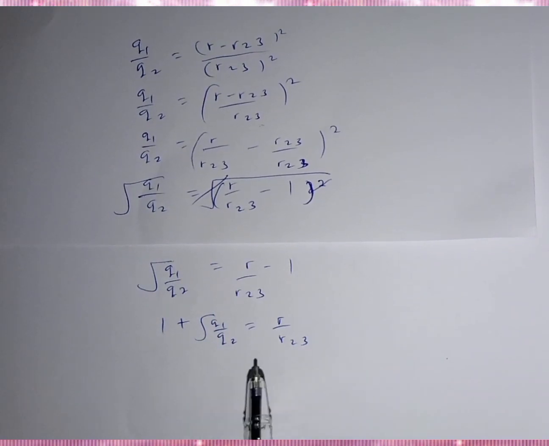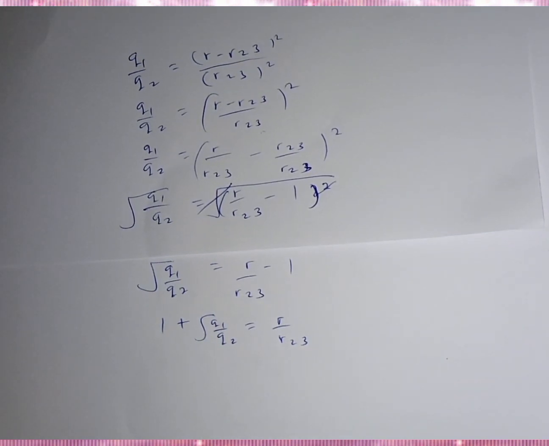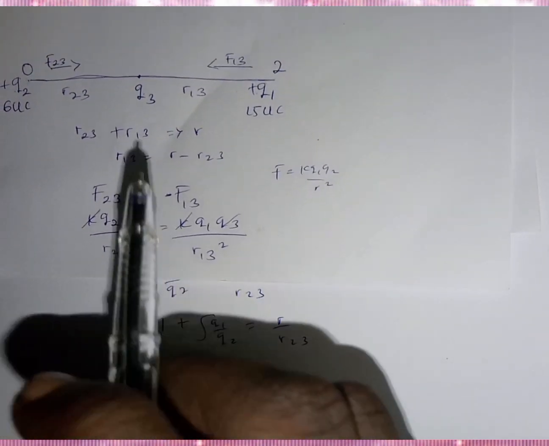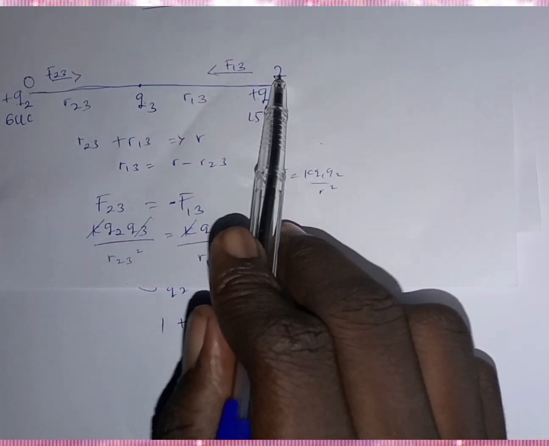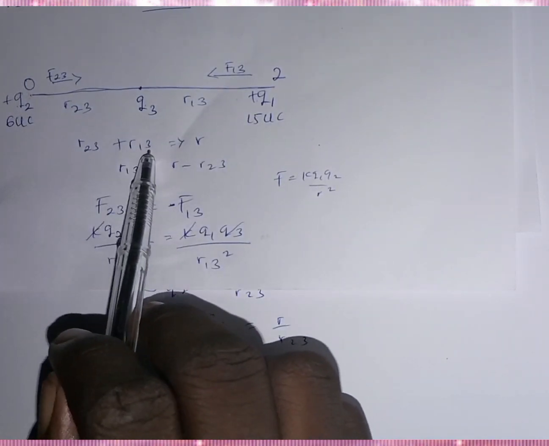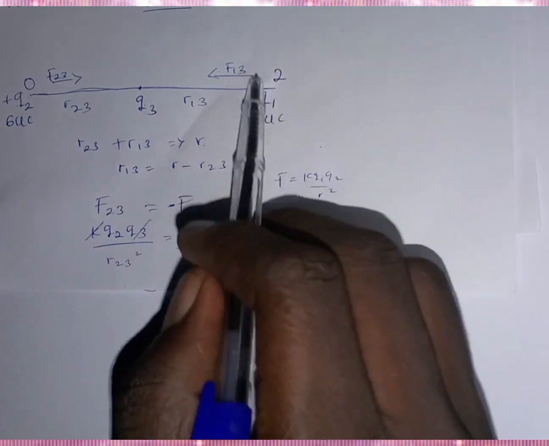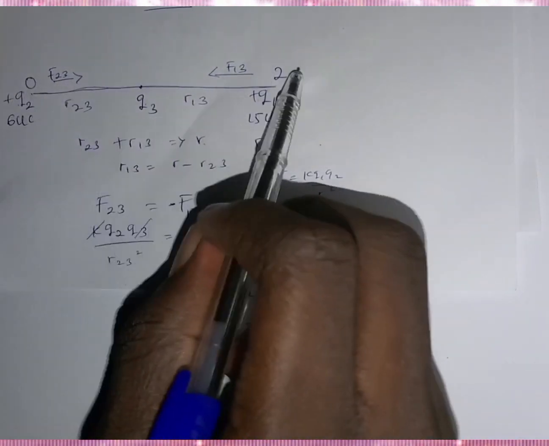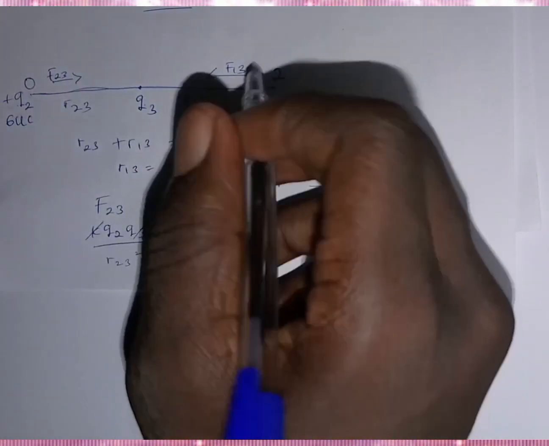Now we know that the total distance R, R23 plus R13 is equal to R. So the total distance R, recall the total distance of everything is 2.